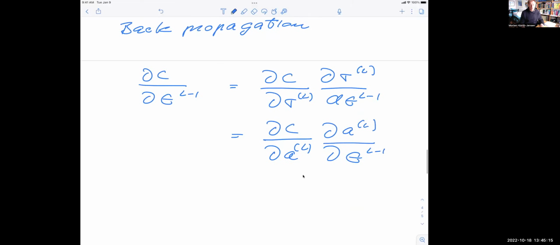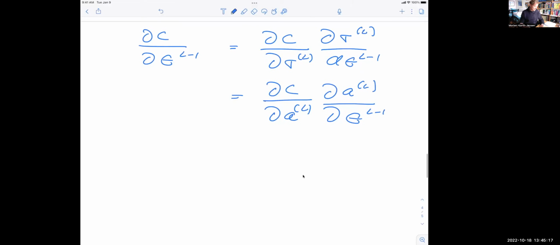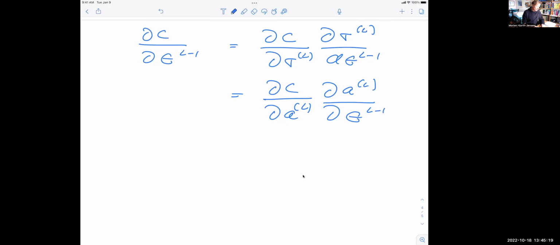Now we started by calculating the derivatives in the first layer. So when we move on here, we would need the derivative of the cost function in layer L minus 2, and this is something we can repeat with the application of the chain rule.